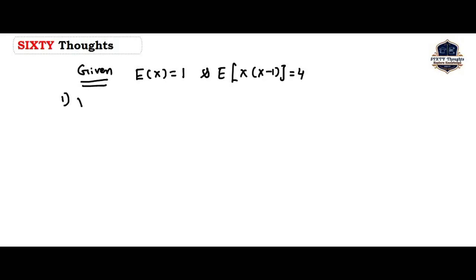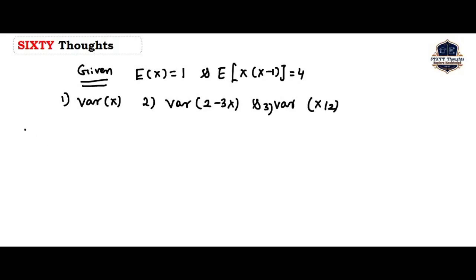First question, we find the variance of capital X. Second question, we find the variance of 2 minus 3X. Third question is the variance of X by 2.